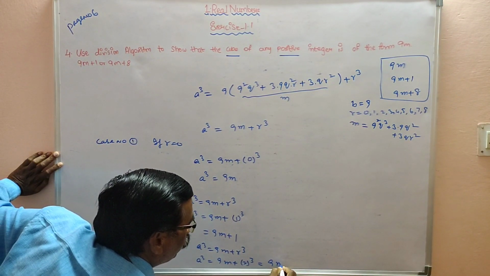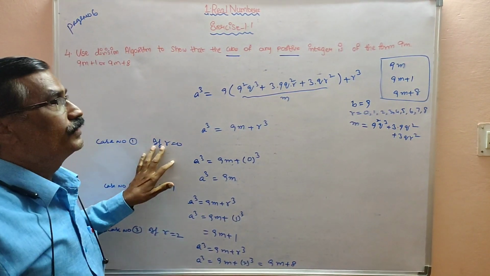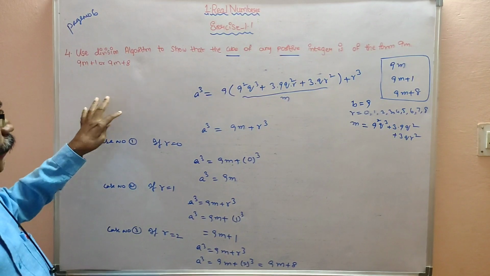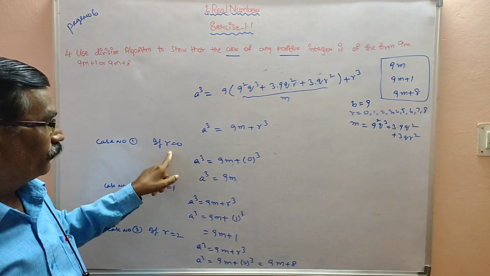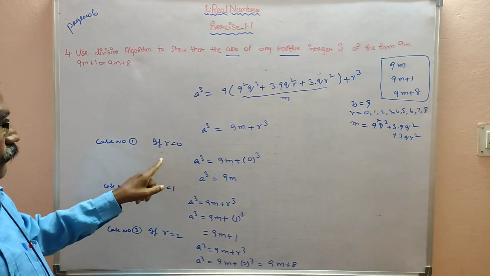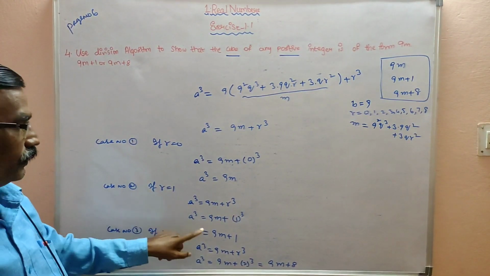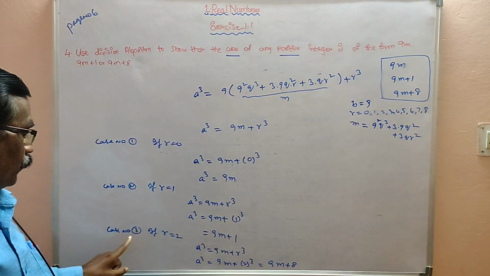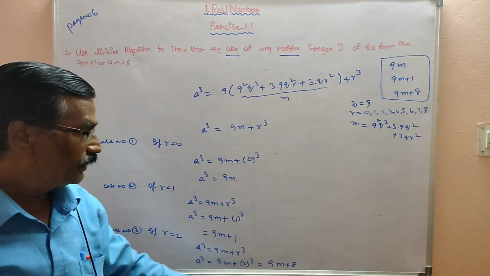So 9m plus 8. So if r equal to 0, a cube equals 9m. If r equal to 1, 9m plus 1 will come. And in case number 3, if r equal to 2, a cube equals 9m plus 8.